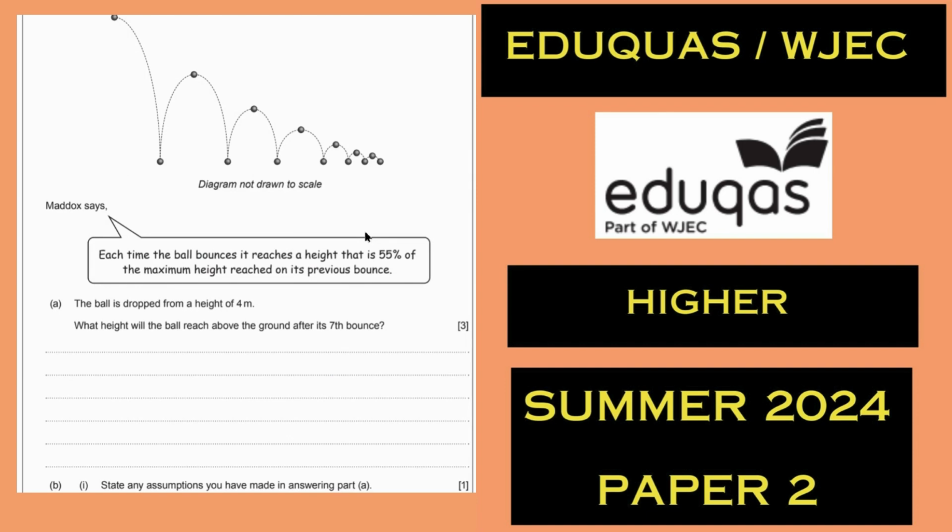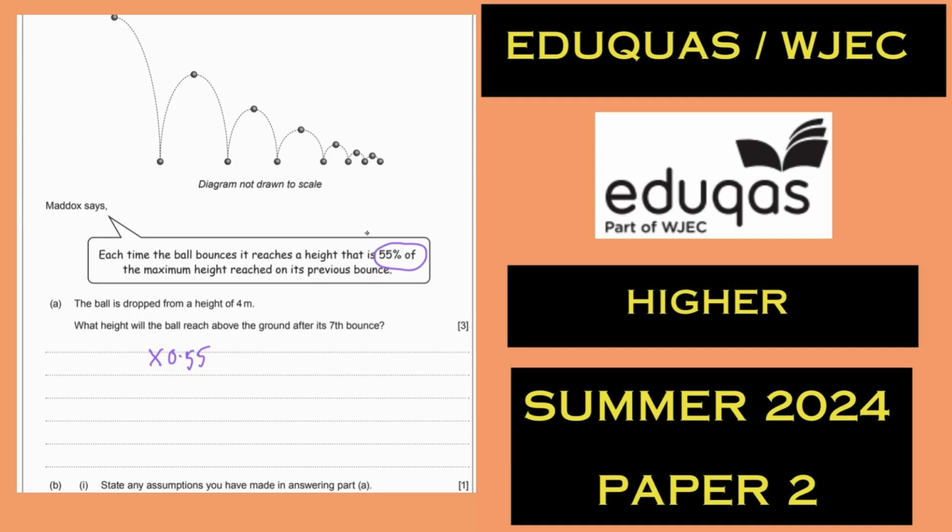Again, feel free to read the waffle. Each time it's reaching a height that is 55% of the previous one. Your multiplier, therefore, is 0.55. It's not being reduced by 55% to make your multiplier 0.45. None of that.